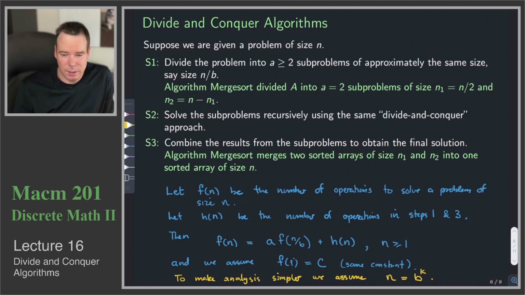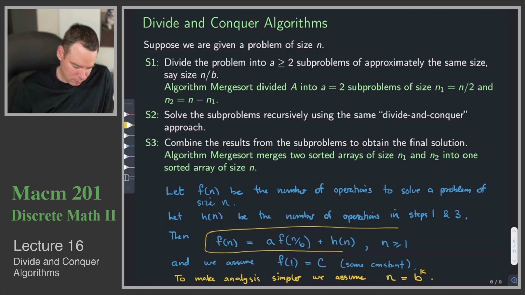Because we are taking n and the subproblems are going to be of size n over b, and then we want to do that again, so it would be n over b squared, and then when we would do it again, n over b cubed. We just want to make sure that those are integers to make the analysis easier, so we'll just assume that the size of the original problem was some perfect power of b. And so that's what we're interested in solving.